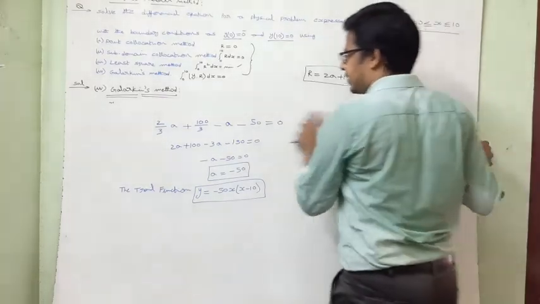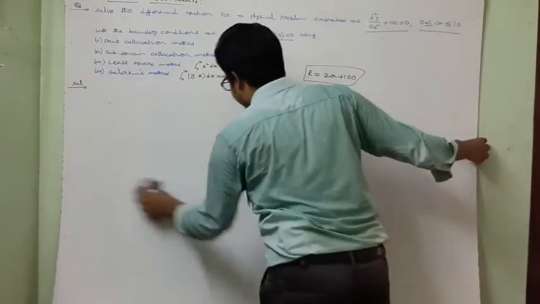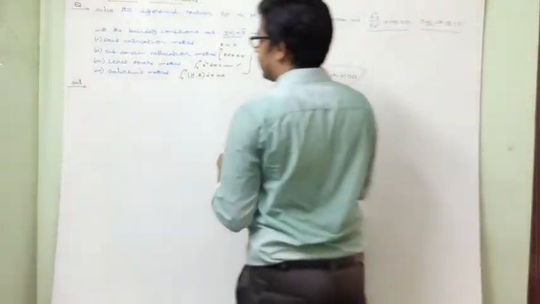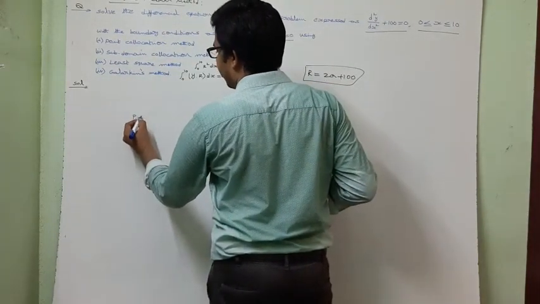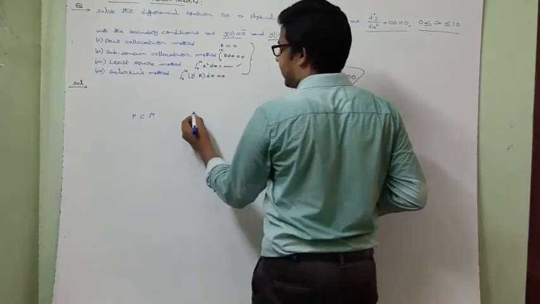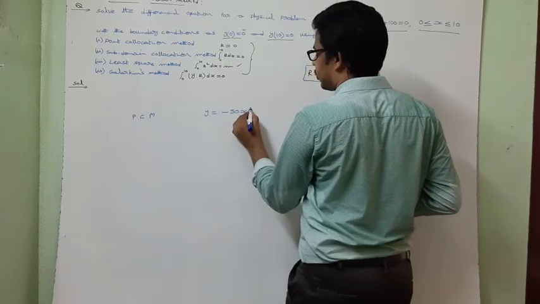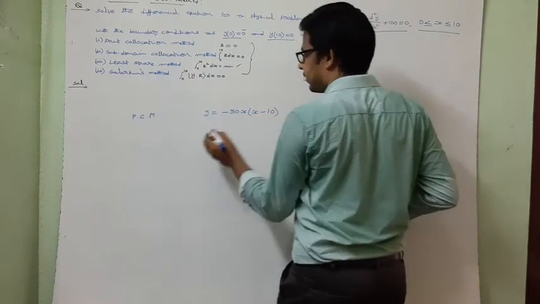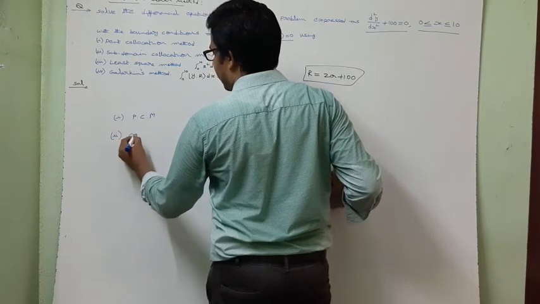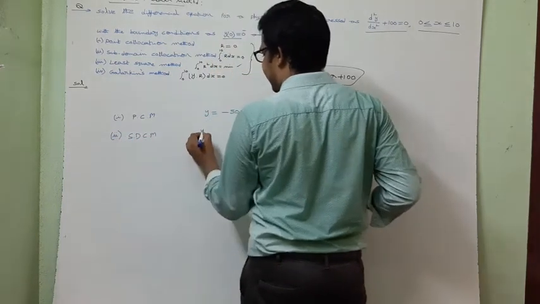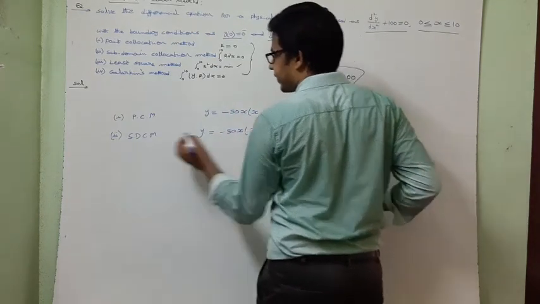So in the weighted residual method, first one, point collocation method: the trial function is y equal to minus 50 x into x minus 10. Second one, subdomain collocation method: the trial function y equal to minus 50 x into x minus 10.